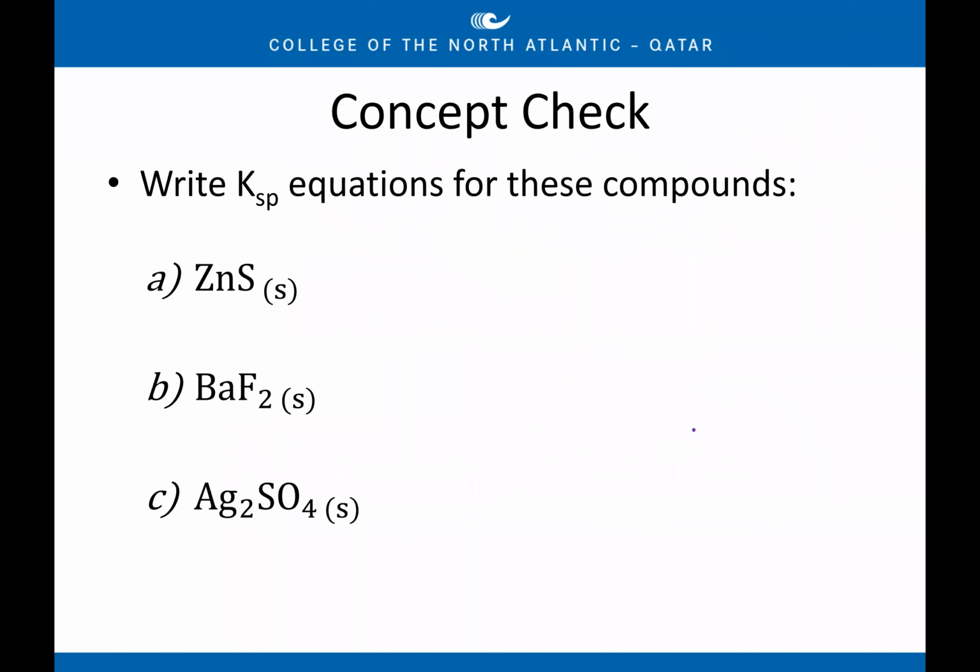Okay, so Ksp. I'm going to do this quick because I really want to get this chapter done today. So how do we write the Ksp for these compounds? Well, I know that zinc becomes zinc 2+ and sulfur 2-. Whoops. I know that we've already done these.